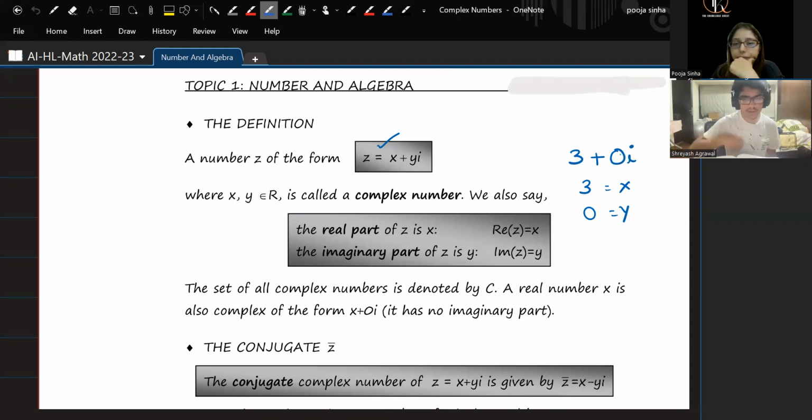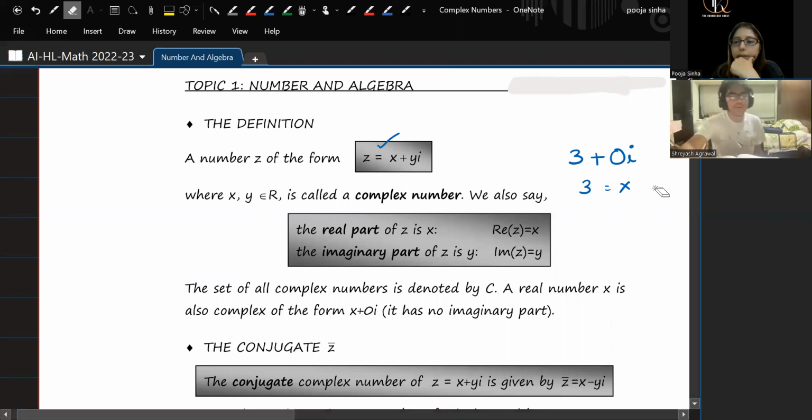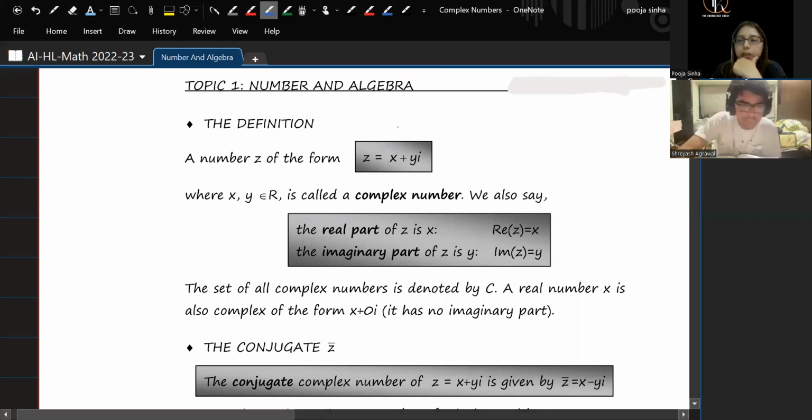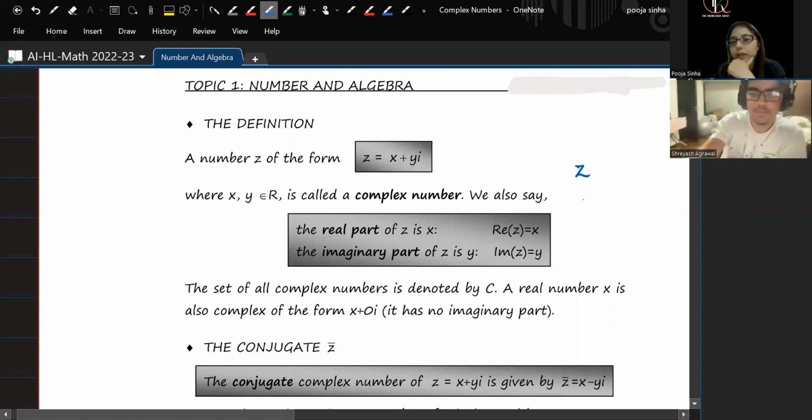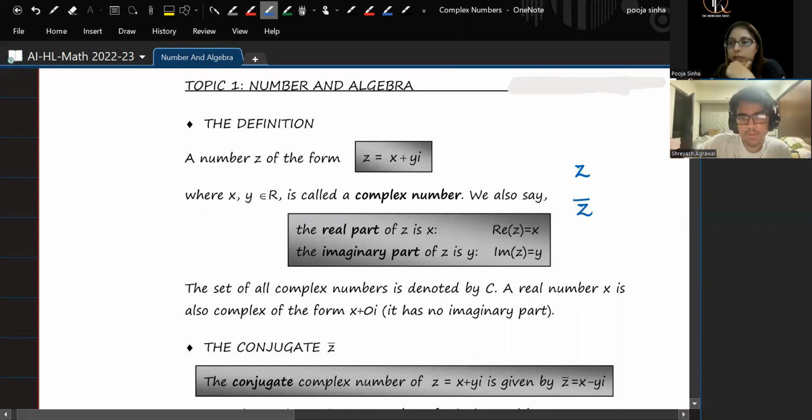Now we come to another question. The question asks you to find the conjugate of this imaginary number. If Z is the number, Z with a bar is the conjugate. What does it mean?